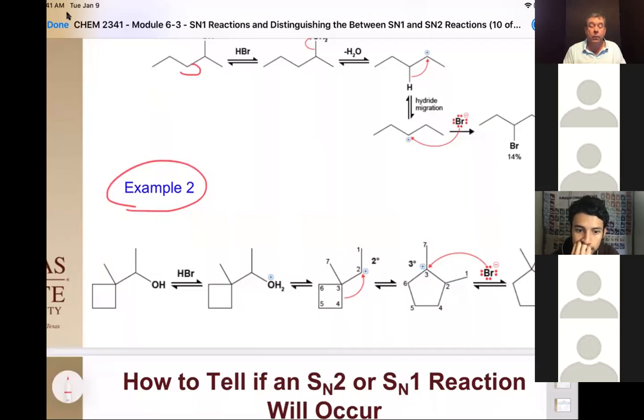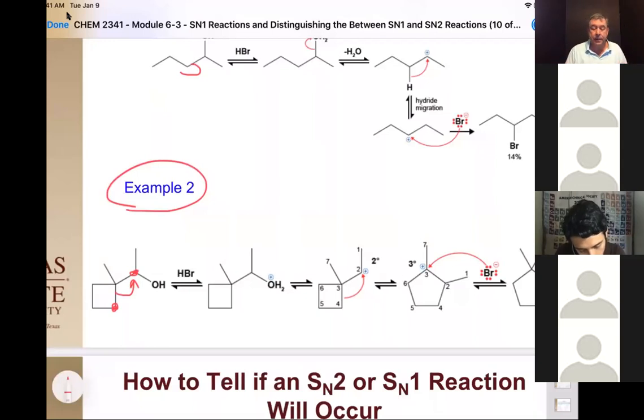Okay, so whenever you have a carbocation formed adjacent to a small ring, there is an opportunity for that ring to expand and give us our tertiary carbocation. Okay, so this is technically a methyl shift because we're taking this carbon here and we're taking these electrons and moving them in this direction.